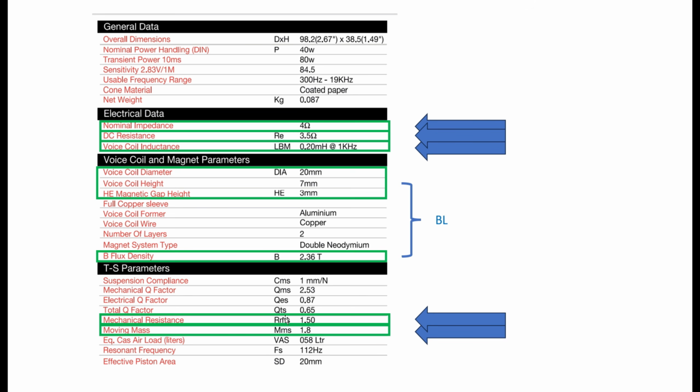And the mechanical resistance is how much energy is lost as all that moving mass flaps around. The motor has to move a certain amount of mass and overcome a certain amount of mechanical resistance. So between all of these things, you can get a lot of information about the motor strength of a driver and the forces working against it.